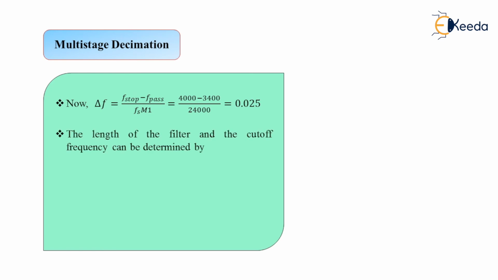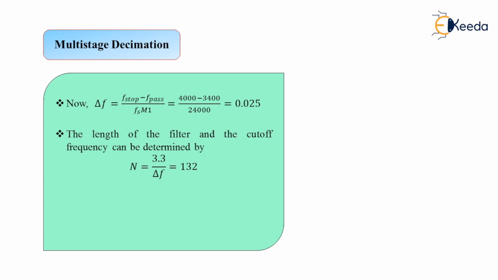Now the length of the filter and the cutoff frequency are to be determined. First of all, the length of the filter is denoted by capital N, equal to 3.3 divided by delta F. The delta F value from the above step, 0.025, we substitute into the denominator and the value comes to be 132.